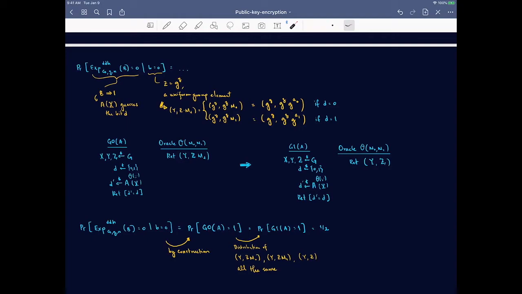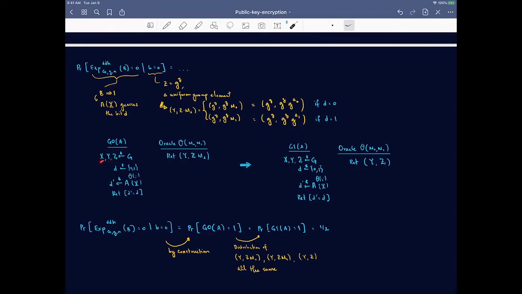So here's G0. If you look at the IND-CPA game for ElGamal, what happens? Well, you remember there's a little x, a little y, and a little z, and we're going to have a g to the x and a g to the y, and those are just going to be random group elements, right? This is g to the x, this is g to the y, or actually g to the r, I guess.